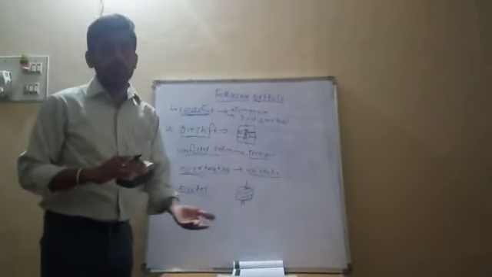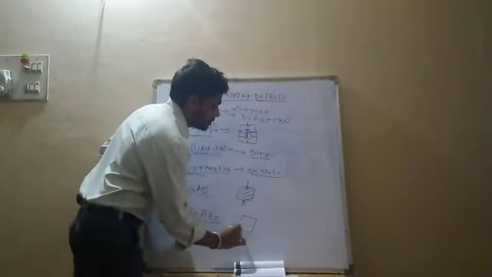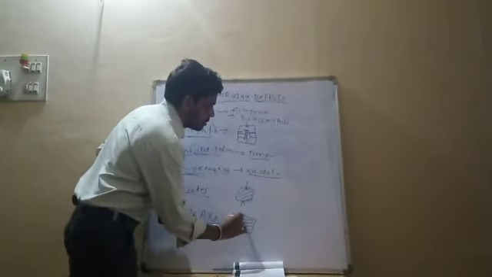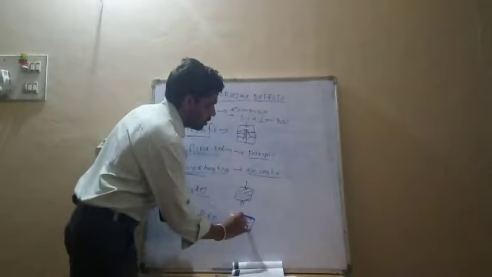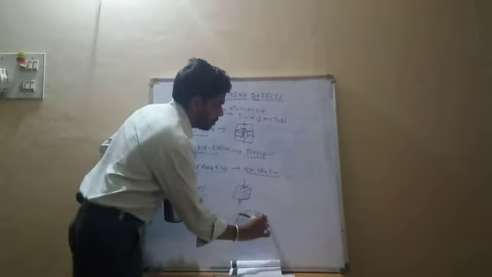After the forging process, scale pits form. Scale pits means, this is the forged surface, and there is another layer on the surface, which we call scale pits.